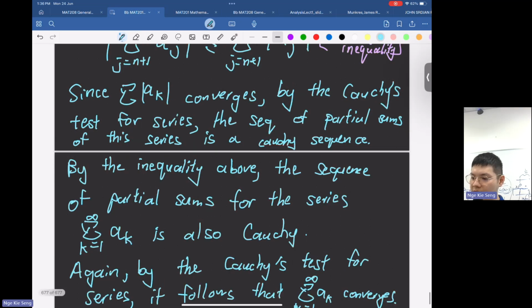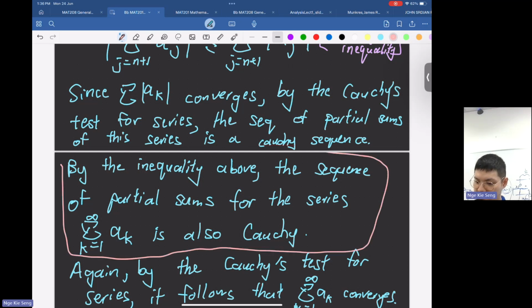So the technical part is to show that this partial sum of ak is also Cauchy. Okay, so this is a technical part. If you want to write down the epsilon argument here, maybe I will add it into my lecture notes. So you can see the full argument. You can see why it is Cauchy.